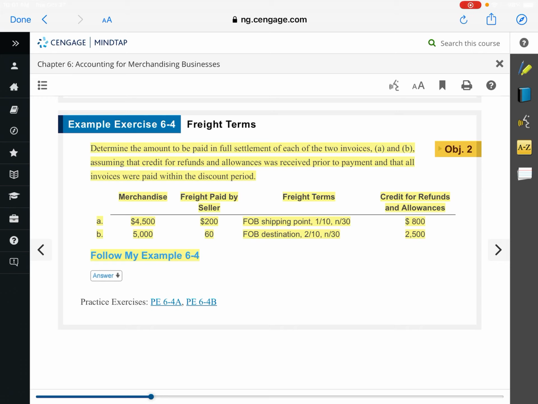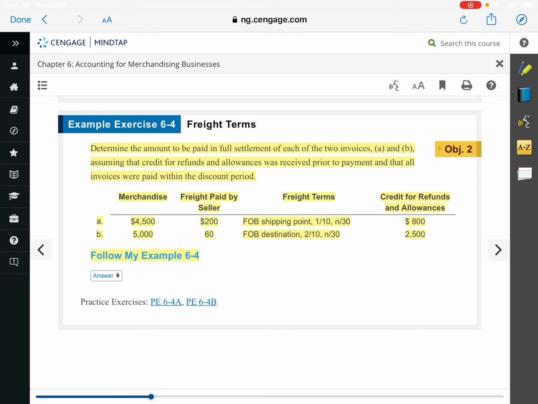Part B here, assuming that credit for refunds and allowances was received prior to payment. Say that we purchased it all, we took the discount, and then sent it back after the payment was processed, then it would be two separate transactions. So I think they want us just to get in the habit of doing it separately. But you're right, you could do it all at once.